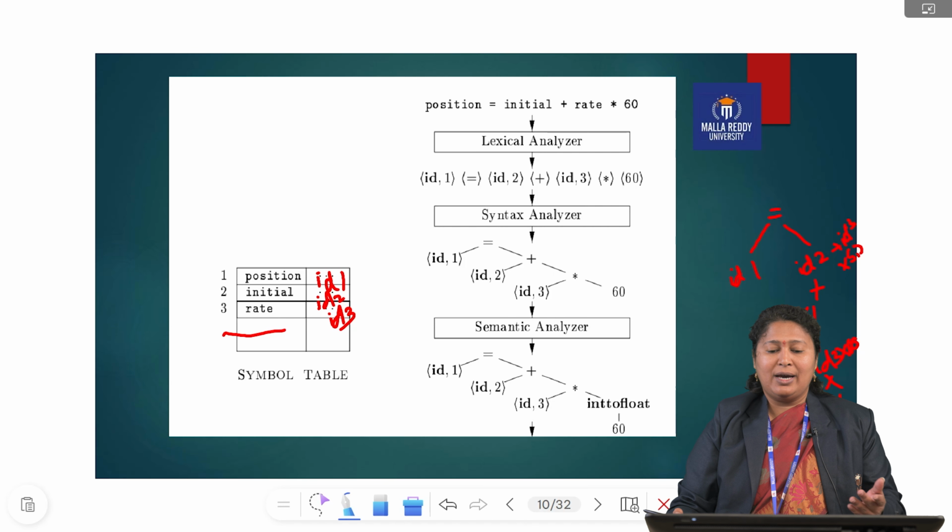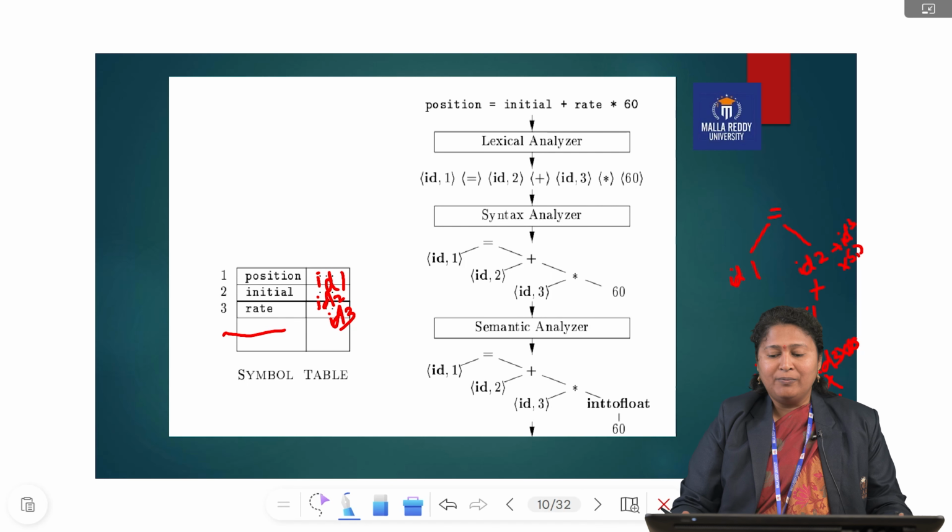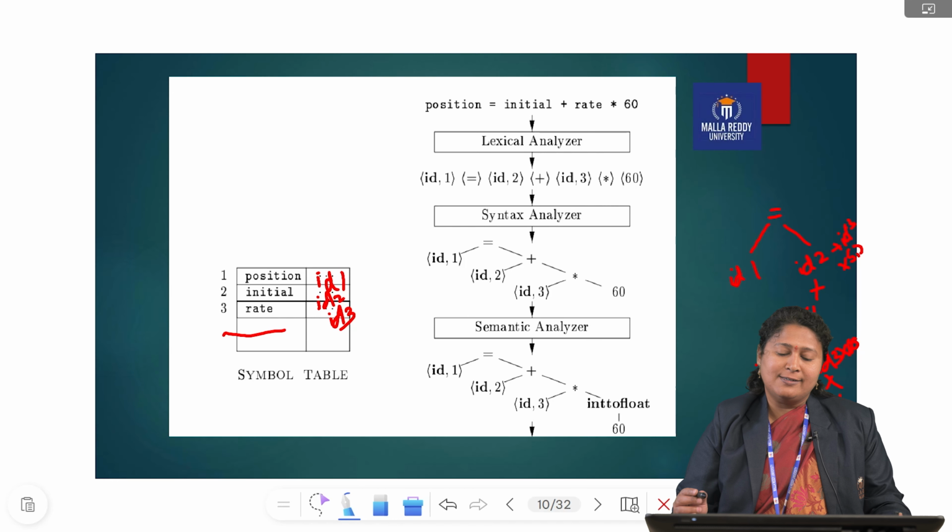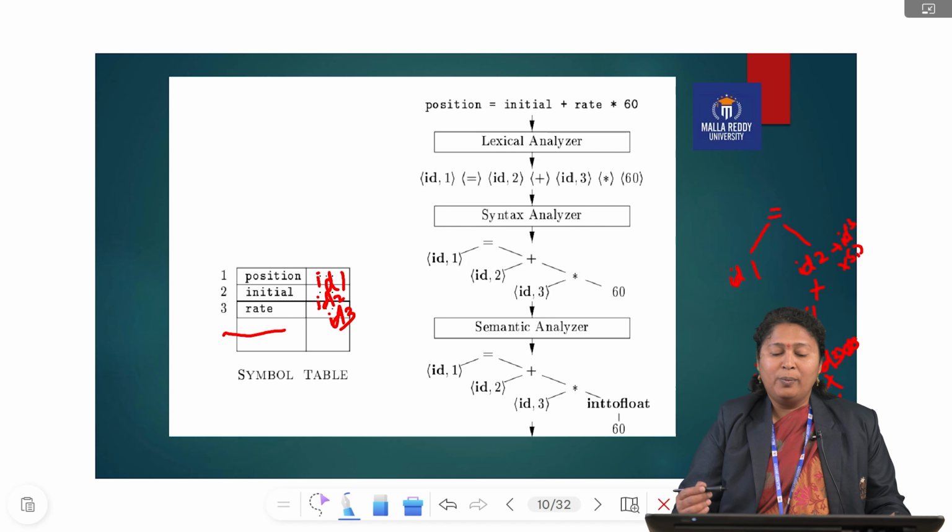So that is what we have as the output of the syntax analyzer. How it is dividing the expression, like the left side expression, the right hand side expression, and which operator it is breaking, we will see in context free grammar when we study the syntax analyzer in coming slides. So this is the output of the syntax analyzer.